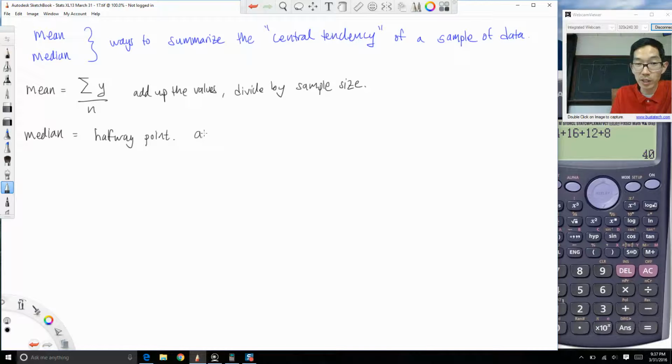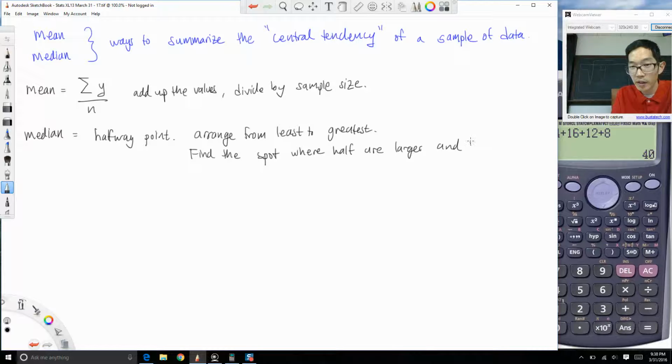So, a range from least to greatest. Find the spot. Half are larger and half are smaller, okay?